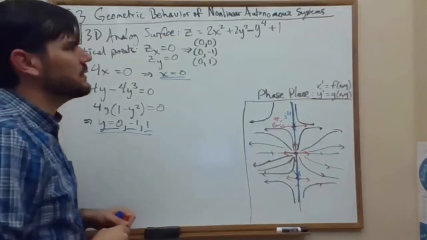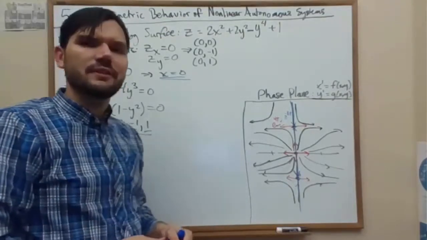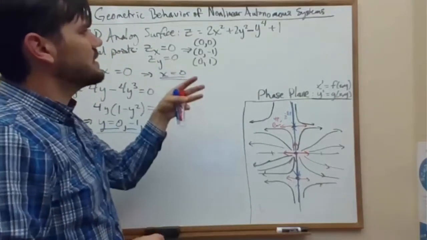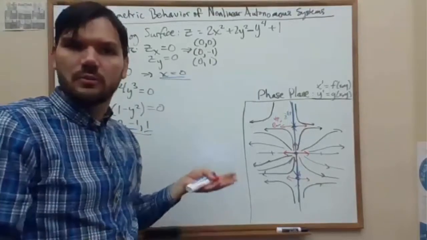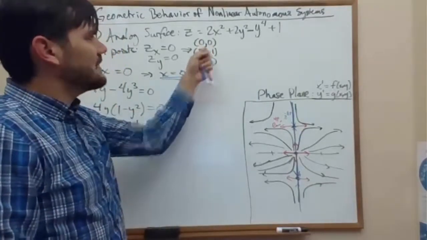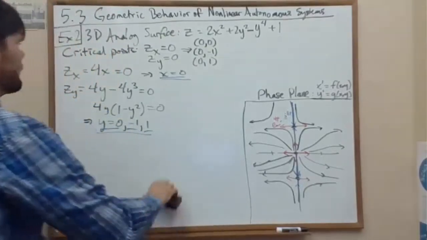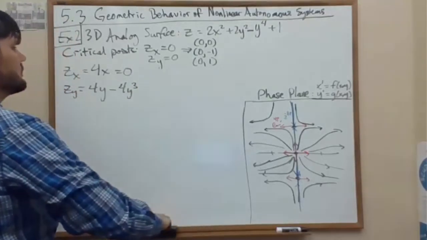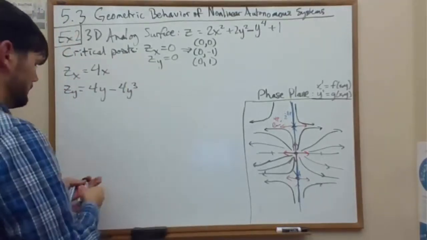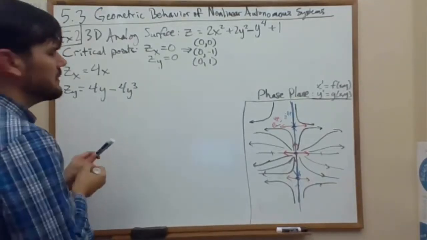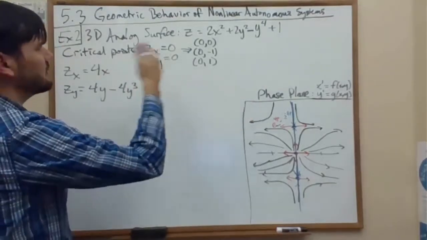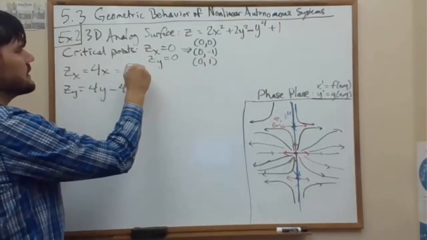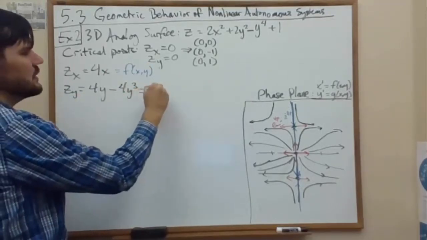Okay, so now we're going to look at the second derivative test, which evaluates a determinant of second order partial derivatives of our z at these specific points. Before we go on, let me note that as part of our analog between the surface and the differential equation, let me call this z sub x my f of x and y, and my z sub y my g of x and y.